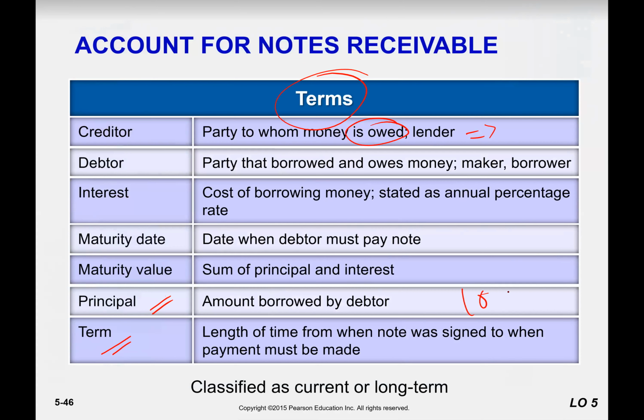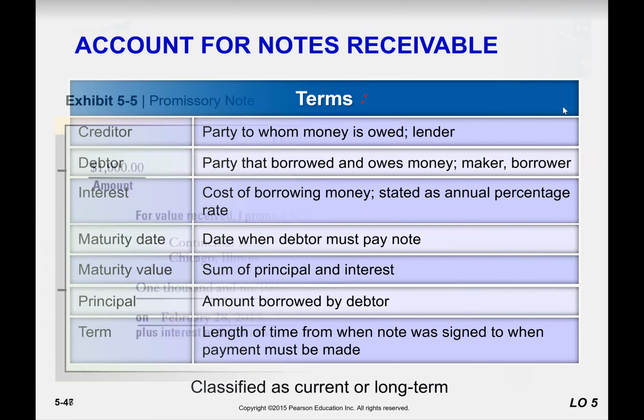For example, this is $1 million I have given you. This is called the principal. Maturity value: on the maturity date, you are going to give me $1,001,000. The maturity date is for 1 year or 6 months, whatsoever. The interest rate is, for example, 9% or 5 or 10%. The names of both lender and debtor are going to be written.